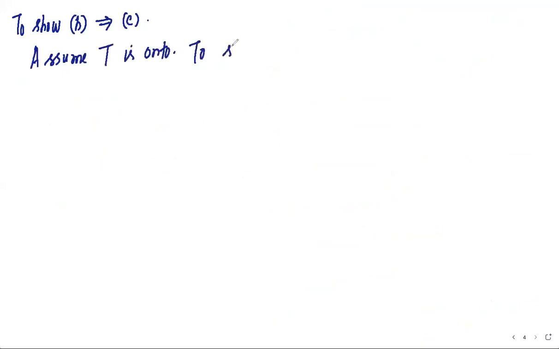Okay, now we will prove the second part. Now to show the statement number B implies statement number C. Now, here we assume T is onto. तो हमें क्या करना है? To show rank of T is equal to dimension of V. ये हमें दिखाना है.